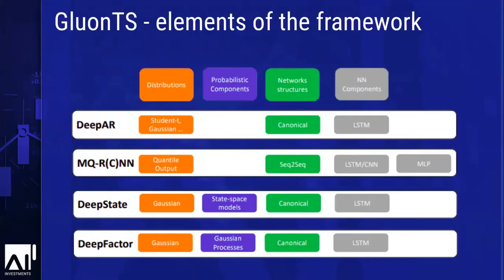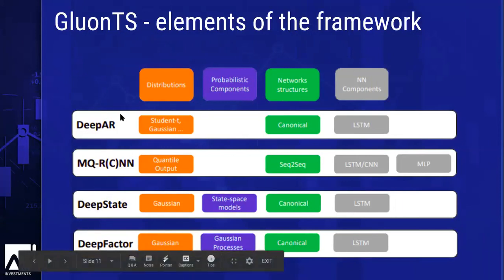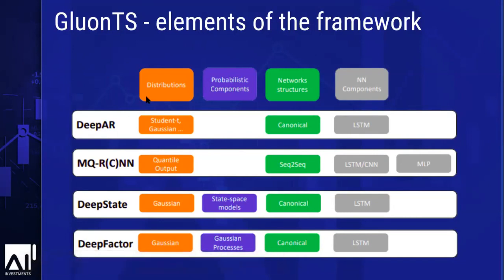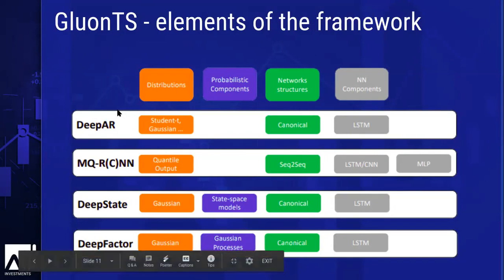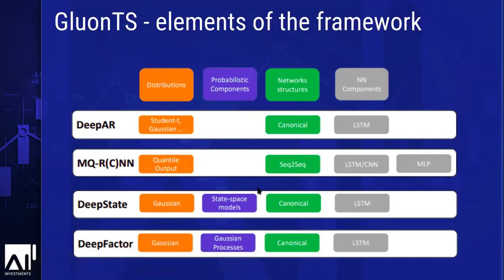It's a very interesting construction, because we have different solutions, different ways of time series forecasting, and each of those ways or models covers different types of neural networks, probabilistic components, structures, and probabilistic distributions. For example, GluonTS also includes the latest transformer-based neural network architectures.